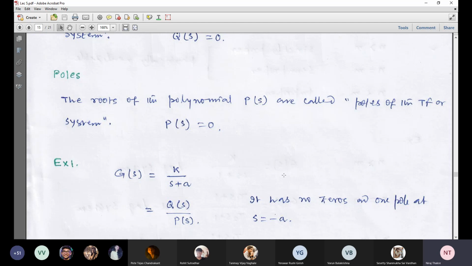If we represent this transfer function as the ratio of two polynomials Q by P, there is no zero at all, because the numerator is a constant term, not a function of the Laplace variable s. If we consider P(s) equal to 0, we get s equal to minus a. That means we have a single pole, and that is minus a.